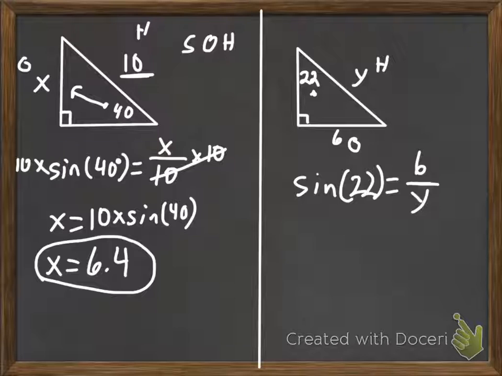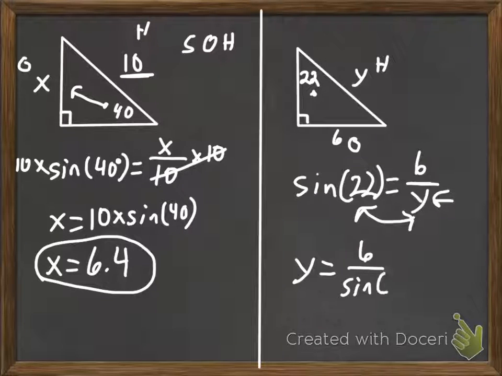When your variable is in the numerator of the fraction, you multiply. When your variable is in the denominator, what you're going to do is switch these two. So they switch places, and we get y equals 6 over the sine of 22, which we can just put in a calculator. And after we do that, we get 16.